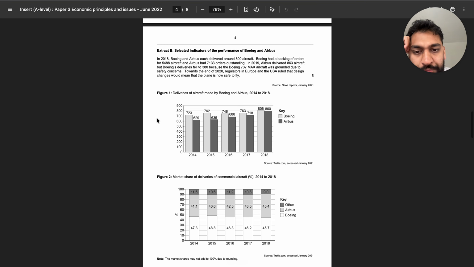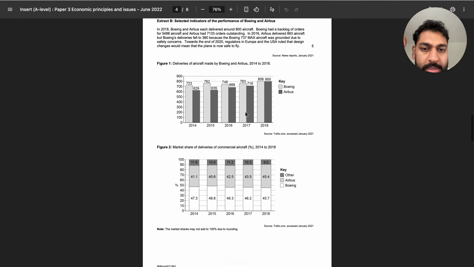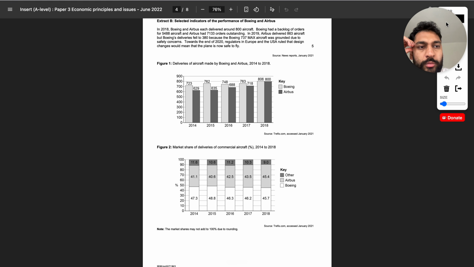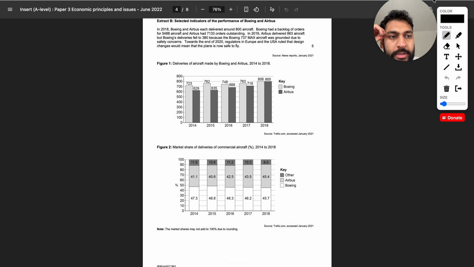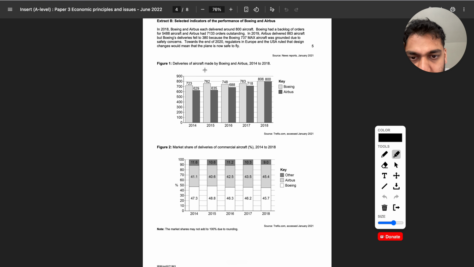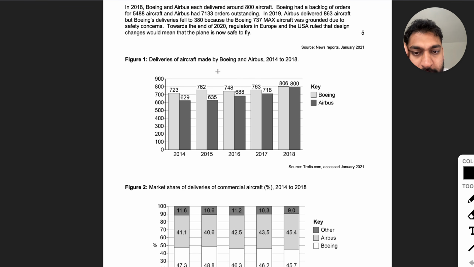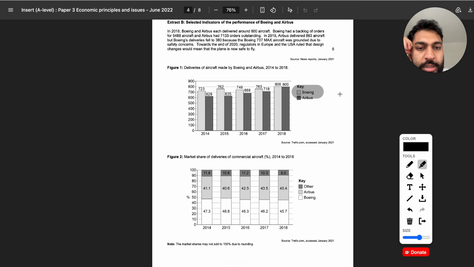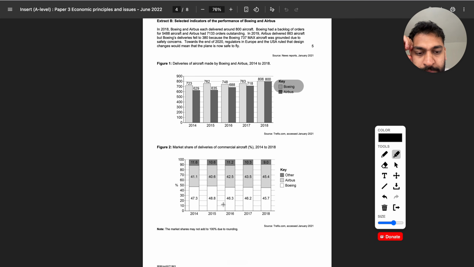So we've got 3 figures. We're just highlighting 3 or 4 things that we would like to talk about that we think are relevant to the question. Looking at this, we've got the number of deliveries. Boeing always make more deliveries than Airbus, so that could be one suggestion that Boeing are more successful.